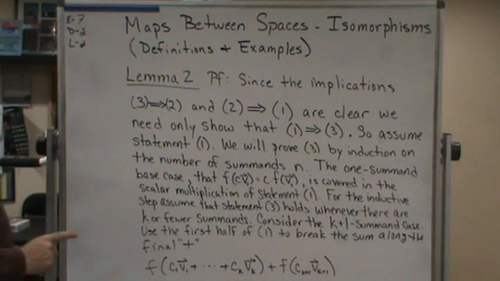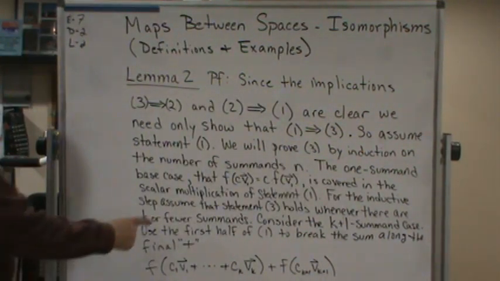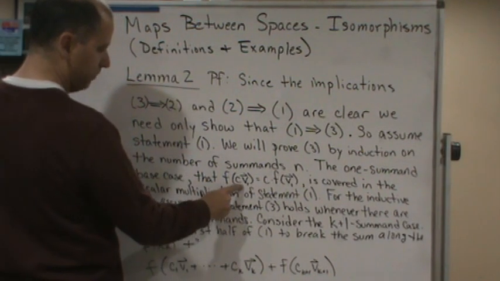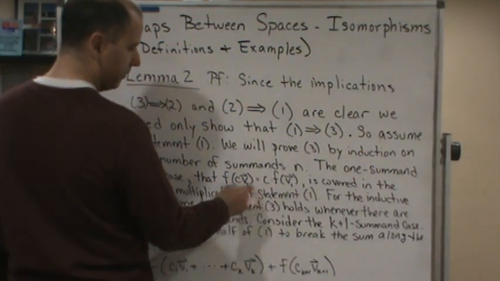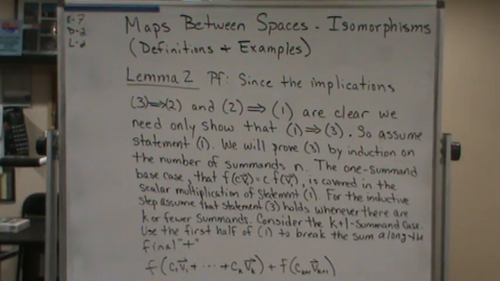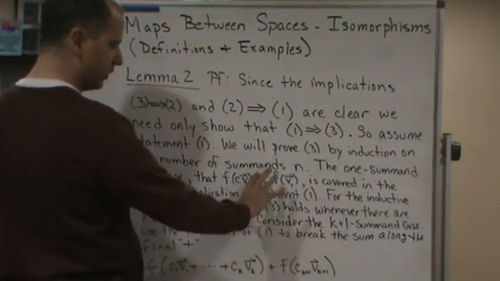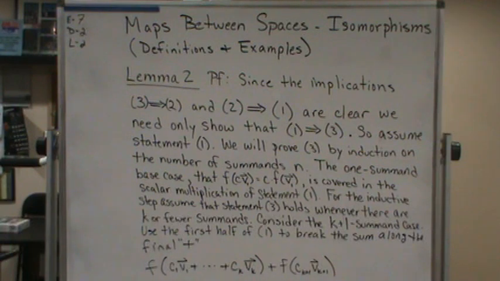We start with the 1-summand base case, which is just this. But this is covered in statement 1, under scalar multiplication. So the base case is already covered.